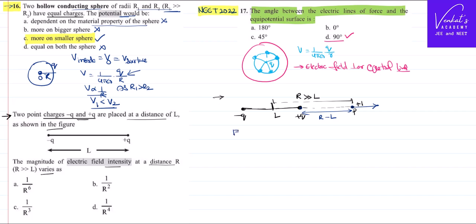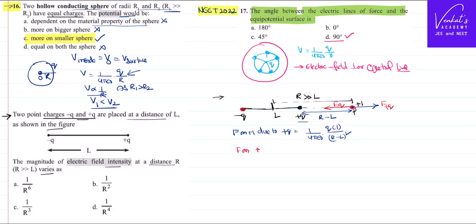Force on plus 1 due to plus q will be 1 by 4 pi epsilon naught, q1 is q, q2 is 1, by distance r minus L whole square. Similarly, on this unit positive charge due to minus q also, there is a force of attraction, this is force due to minus q, this is force due to plus q.